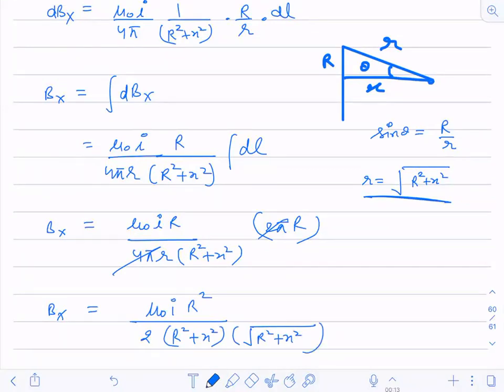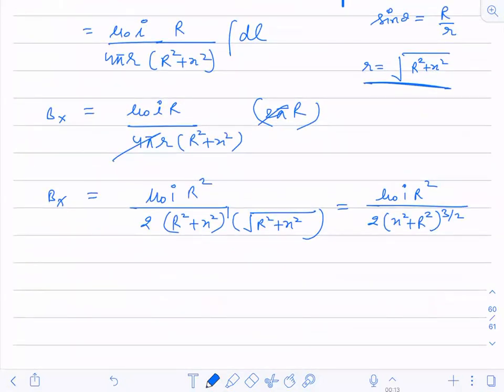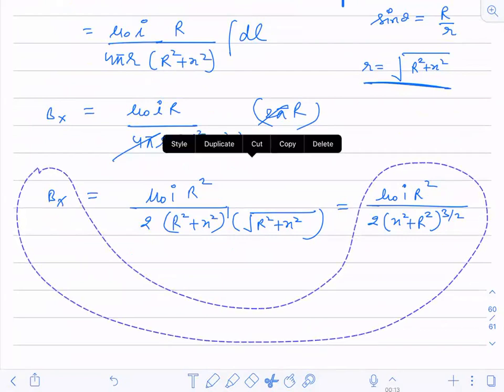If you simplify it, the final equation will look somewhat like this, because this is 1 and this is 1 by 2, so 1 plus 1 by 2 becomes 3 by 2. So this is the value now.